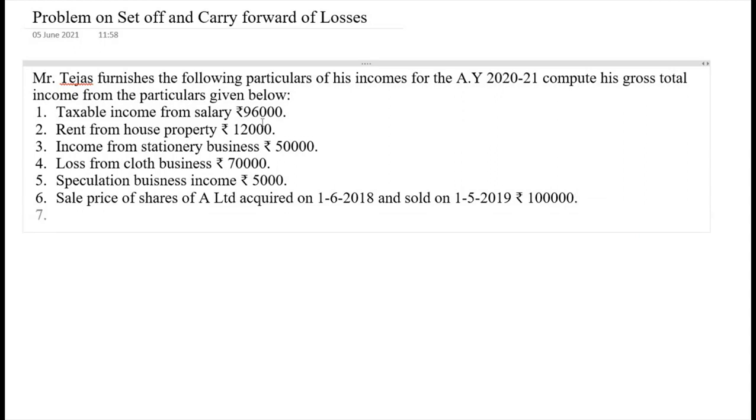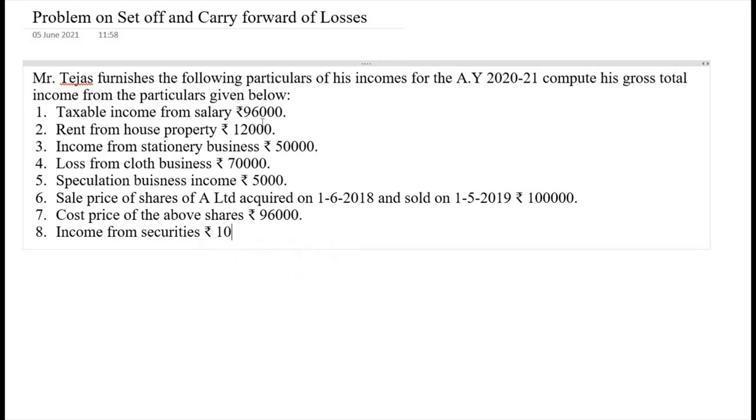Cost price of the above shares rupees 96,000, income from securities rupees 10,000, long-term capital gain rupees 19,500.